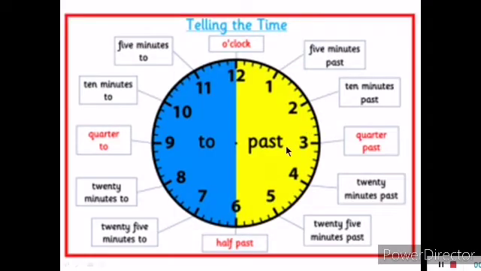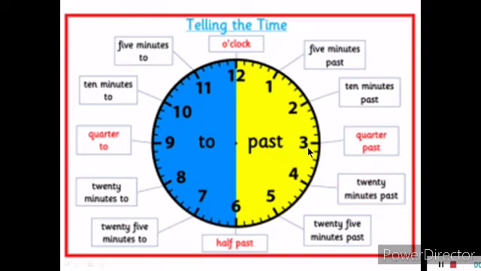So whenever there is a clock, we have to see like this. When the minute hand moves from 12 to 6, then it is past. From 6 to 12, it is to. When it is at 12, we will always say o'clock. And when it moves to 1, we will say 5 minutes past.